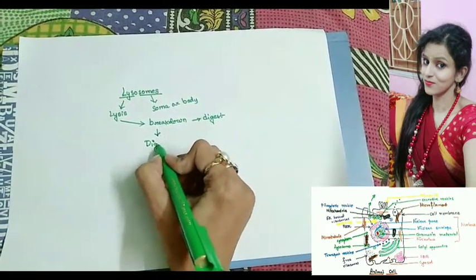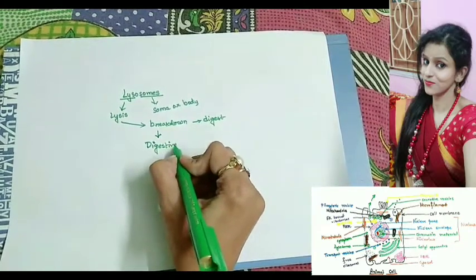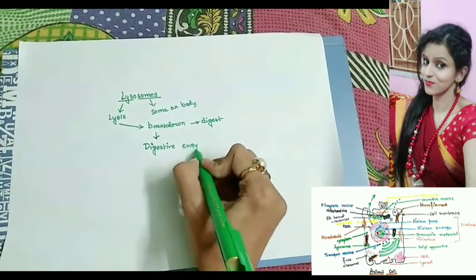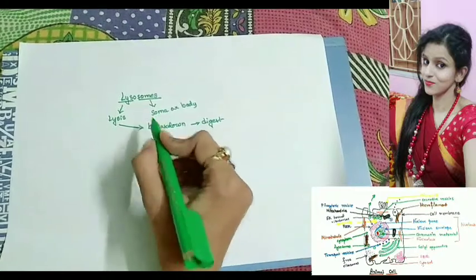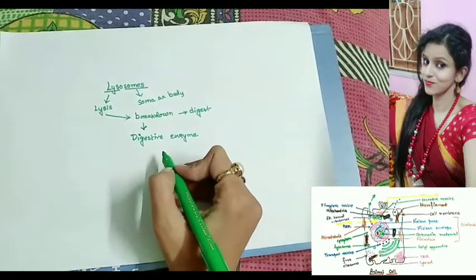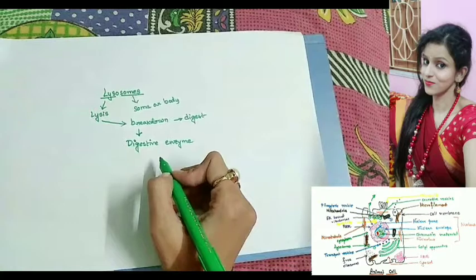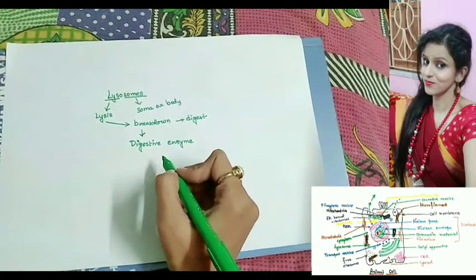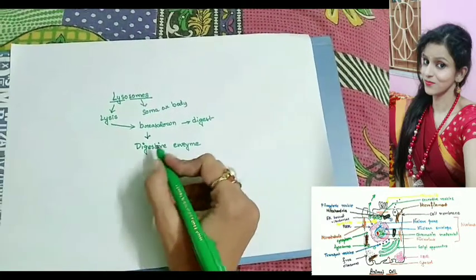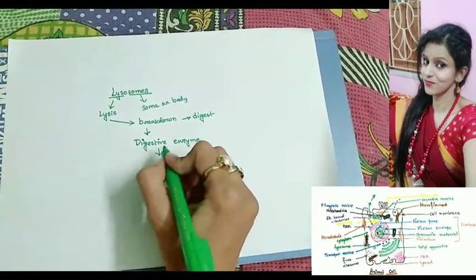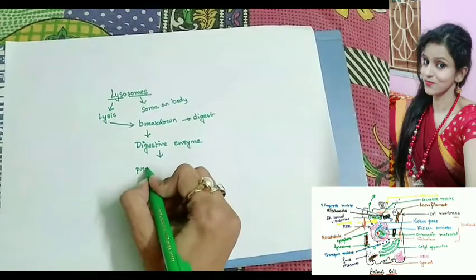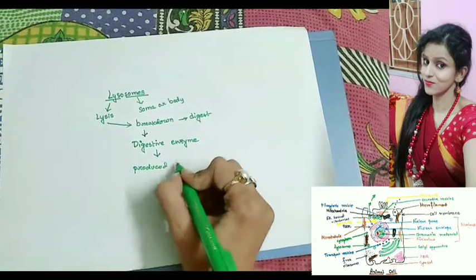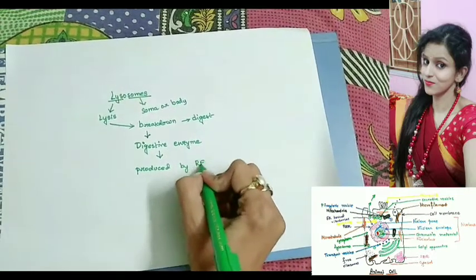And these digestive enzymes are produced where? These digestive enzymes are actually produced by another organelle, the rough endoplasmic reticulum, that is RER. So it is produced by RER.